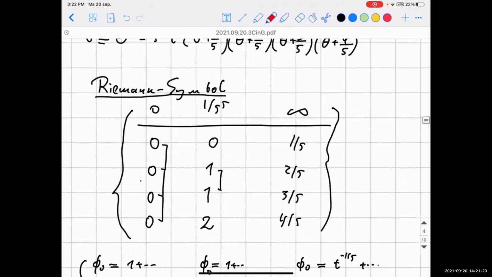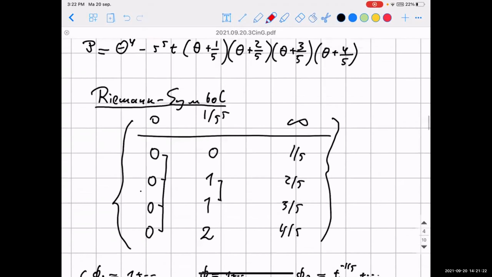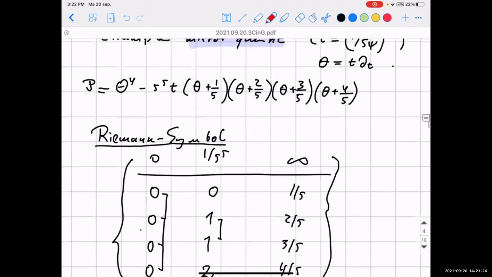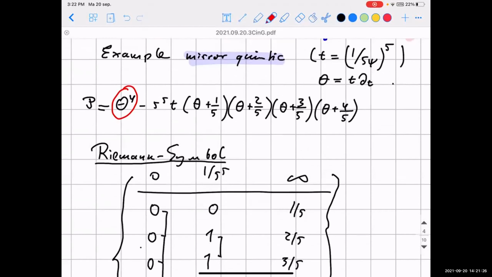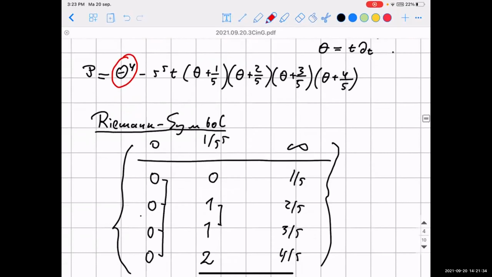And here you see the Riemann symbol of this operator. It starts with theta to the power 4. So the characteristic polynomial theta to the power 4 is defining the 0 with multiplicity 4. So the exponents at the origin are all 0.